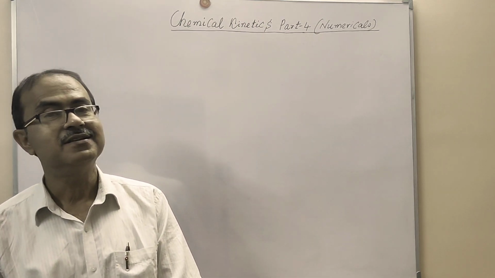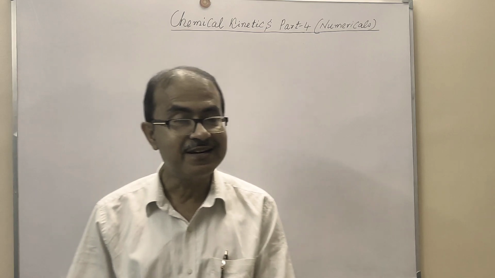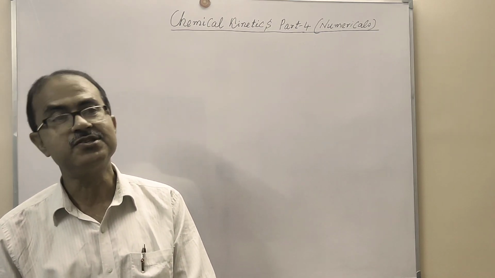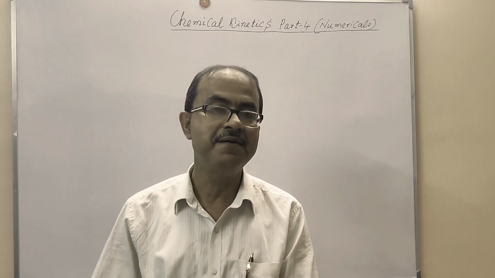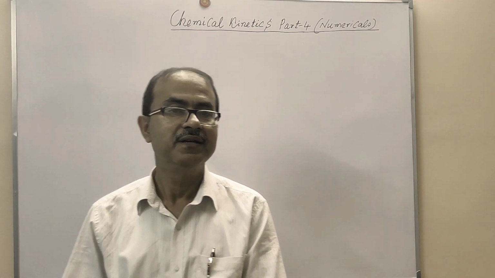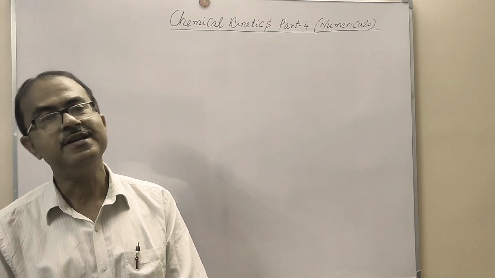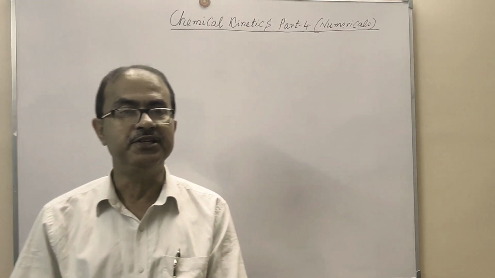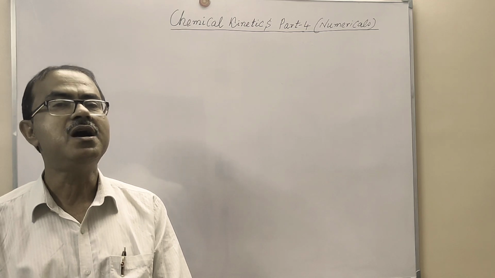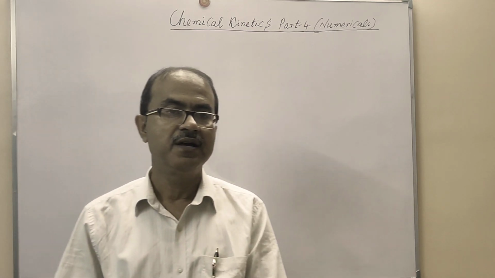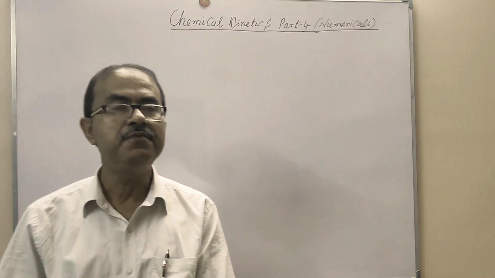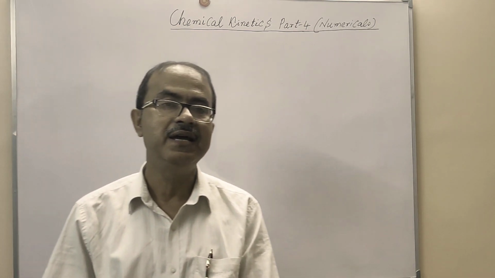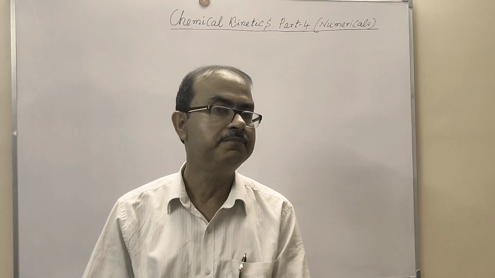But is it a direct relationship? Is it always the same particular relationship, or is it otherwise? That we discussed in the previous video, because the order of the reaction cannot be found from the balanced chemical reaction.